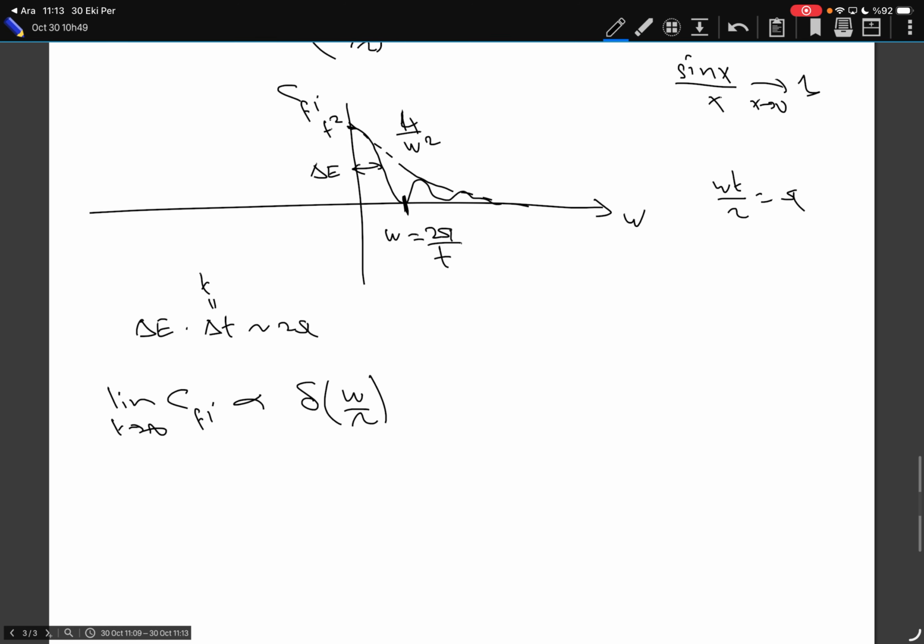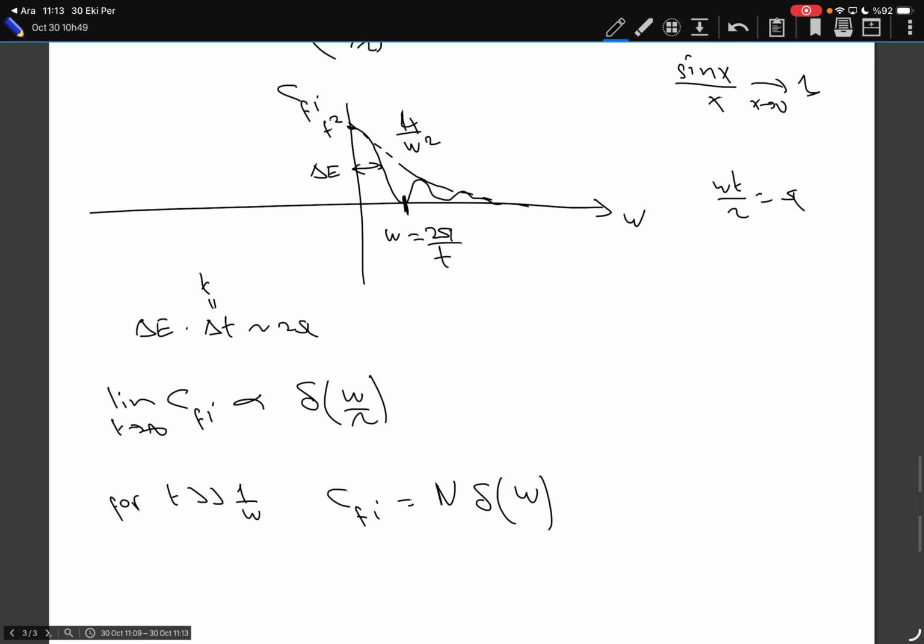So we can say that for very large t, t much larger than 1 over omega, C_FI should be some normalization times the Dirac delta of omega. This is what we expect.